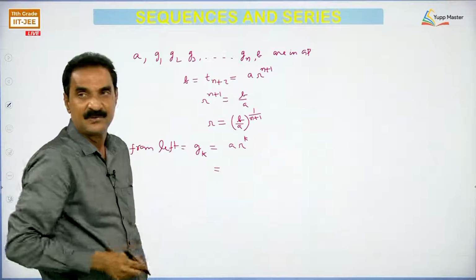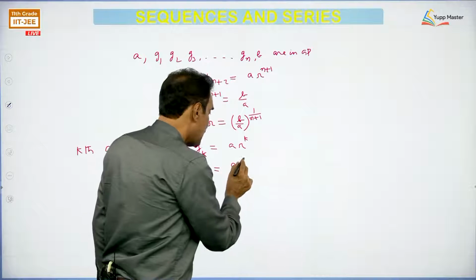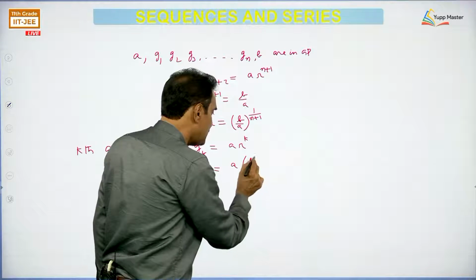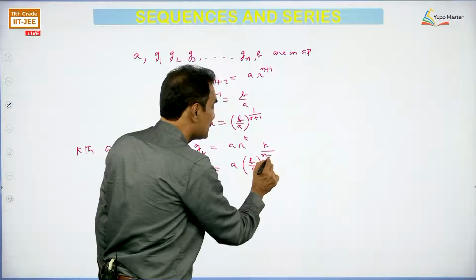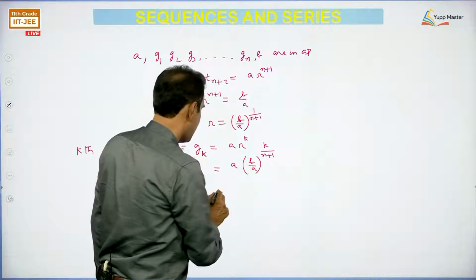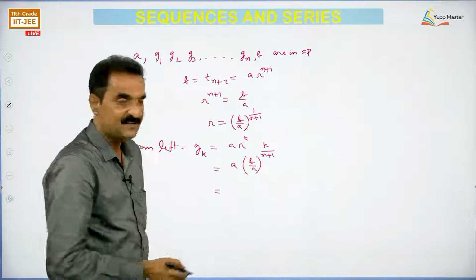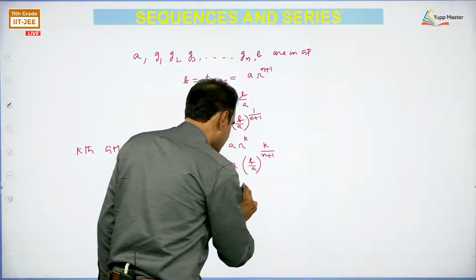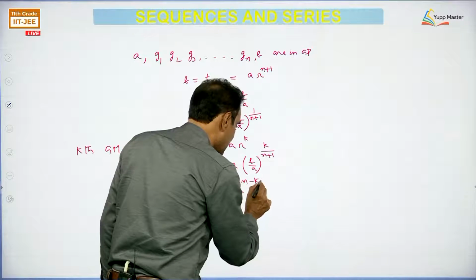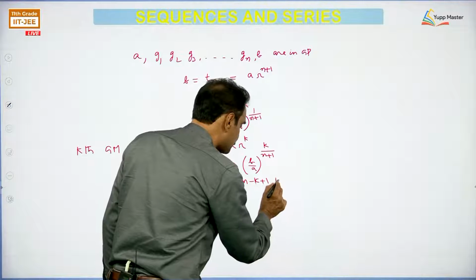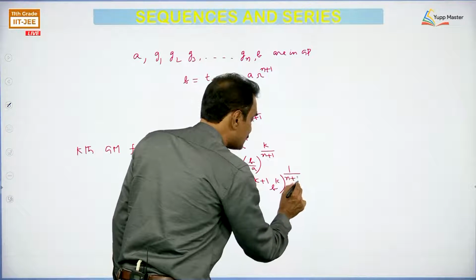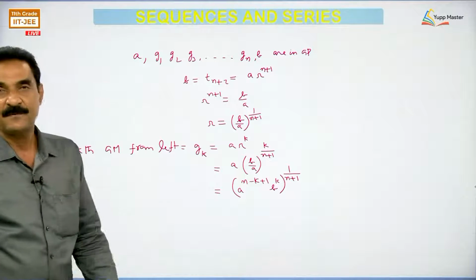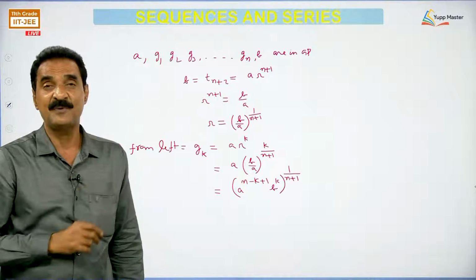Substitute this r. You will get a into b by a whole power k by n plus 1. Alright. If you simplify this, you will get the formula a power n minus k plus 1 into b power k, whole power 1 by n plus 1. This is the formula for finding the kth geometric mean from left.